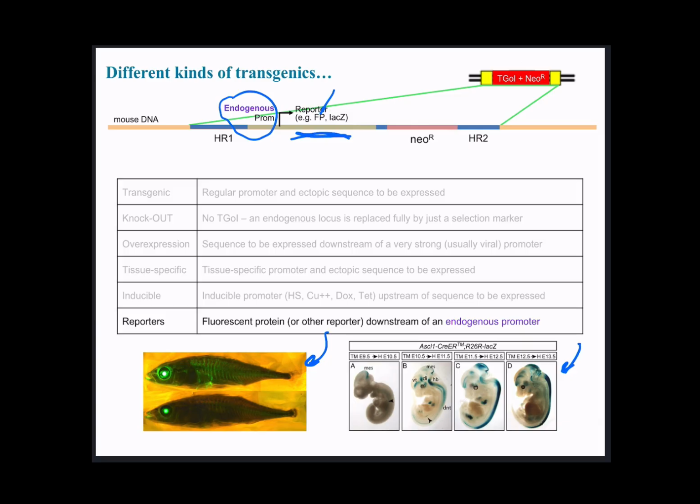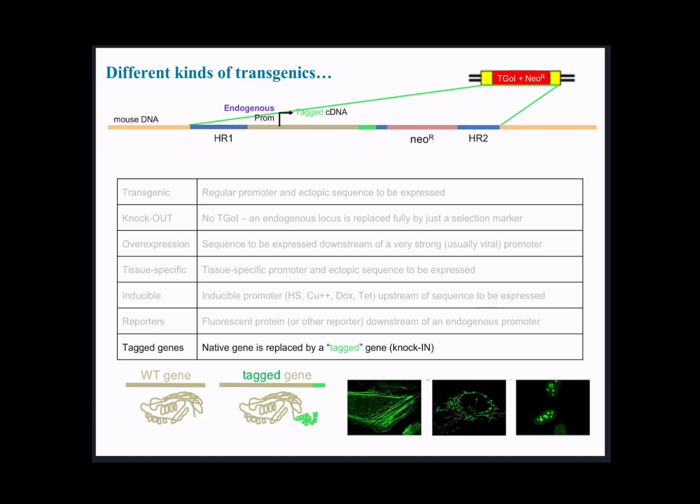So the point is that you're hooking either a fluorescent protein or some other reporter downstream of an endogenous promoter. And you're not using these animals necessarily to understand what happens when a gene is expressed in a given tissue or at a given time, but instead to find out how and when an endogenous gene is expressed in the animal.